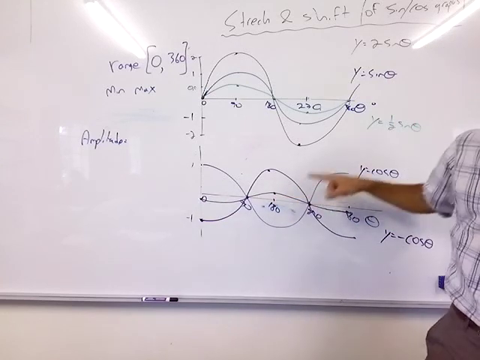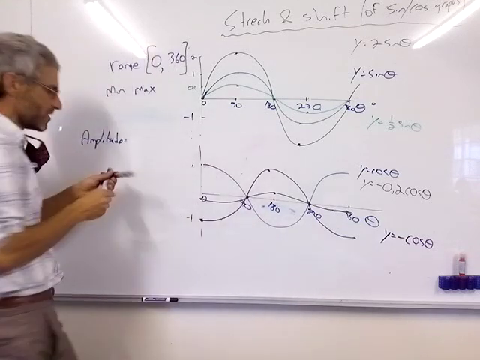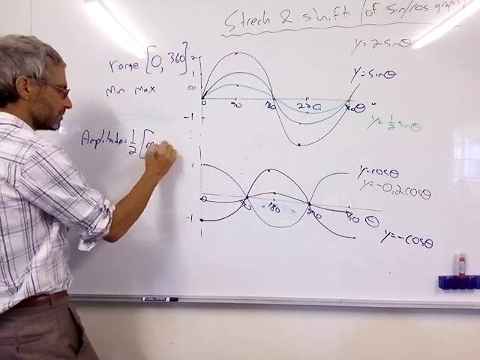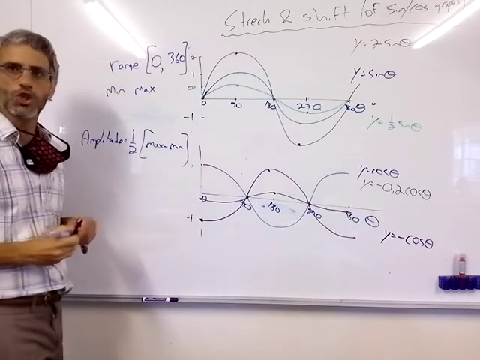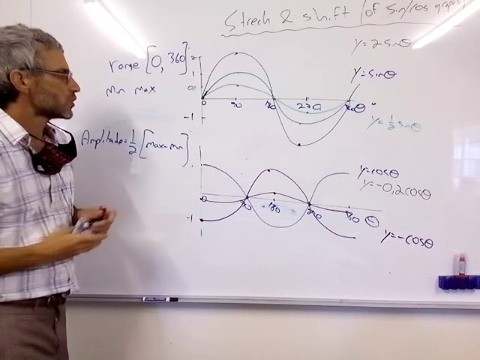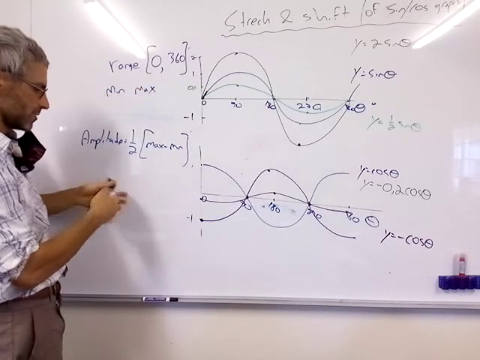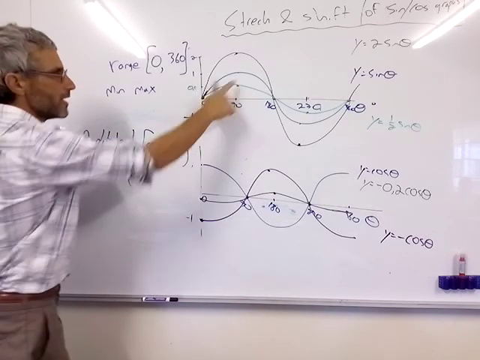0.2. But in maths, in the textbook, the way they define it is the same thing, but they write it like this: half times the maximum value minus the minimum. I want to show you it's the same thing. So let's take the blue one. What is the maximum in this case? 1. The maximum is 1.